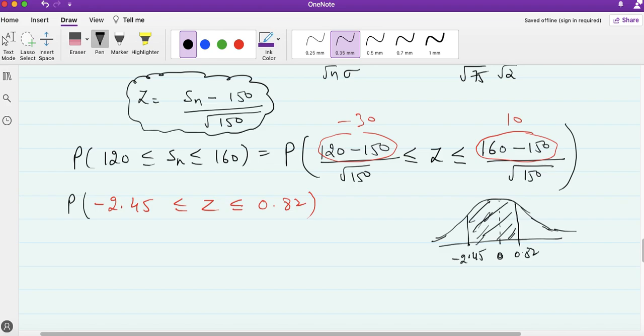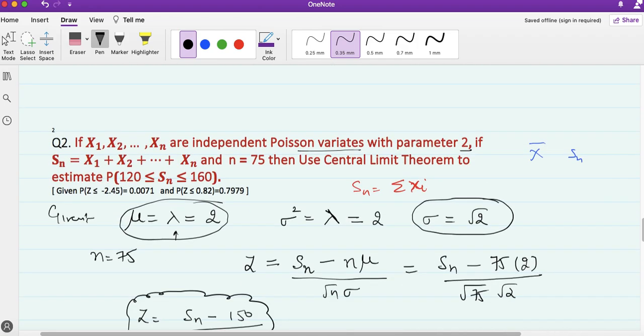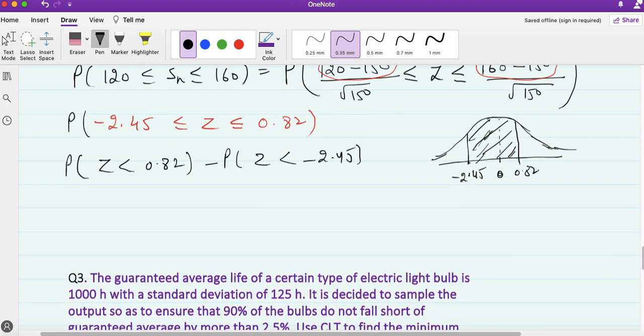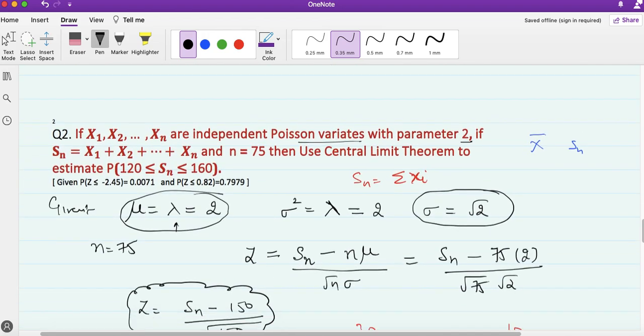This means the upper area, z less than 0.82, if I subtract the probability of z less than minus 2.45, my job is done. We can see from here they have given us the value that when it is less than minus 2.45, it is 0.0071. When it is less than or equal to 0.82, it is also given, so we will go with that. We are going to plug in the value, yeah, 0.7979.